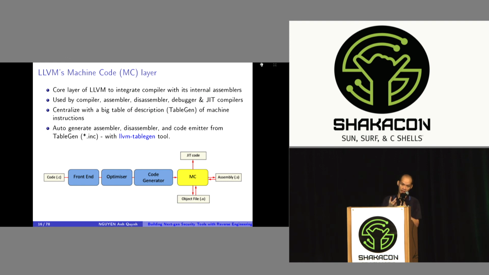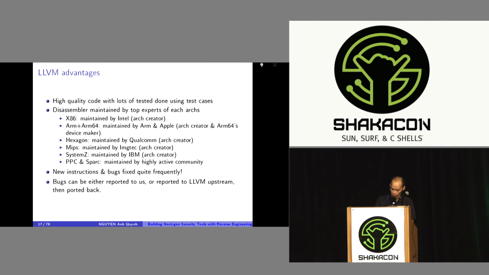And MC has a disassembler inside. So I can fork LLVM and reuse the MC component to build Capstone. There are many advantages if I do this. First one, LLVM code has very high quality, so Capstone would have very high quality as well.